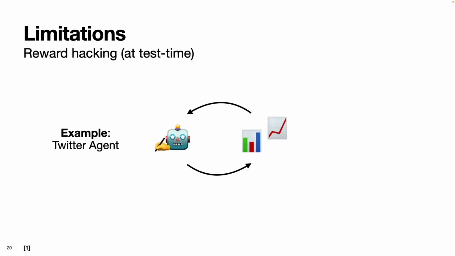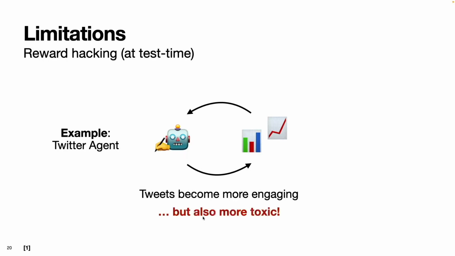Let's say you have a model that writes posts for you on Twitter or X. It'll write the post, it'll get fed back engagement metrics, it'll write more posts and get more engagement metrics, and then it'll continue in this loop, and its goal is to get greater and greater engagement metrics. What'll happen in this loop is that the tweets will become more and more engaging, but also more and more toxic. This is just the reality of any optimization process. Your system is just going to optimize for the metrics you're optimizing for. It's not going to consider anything else.